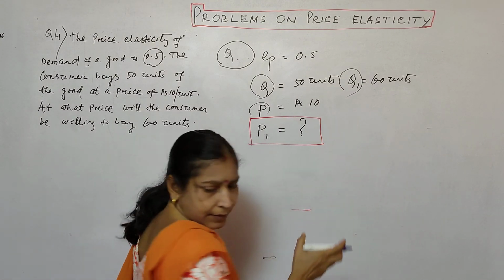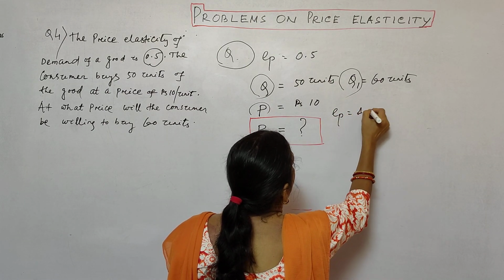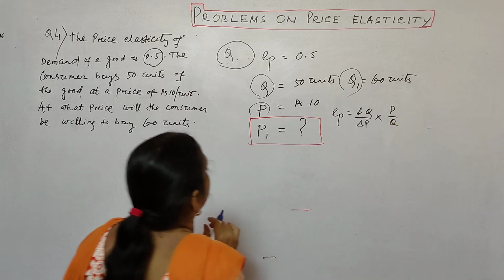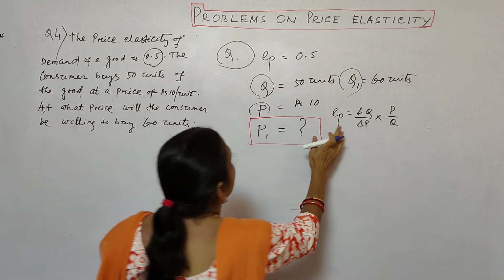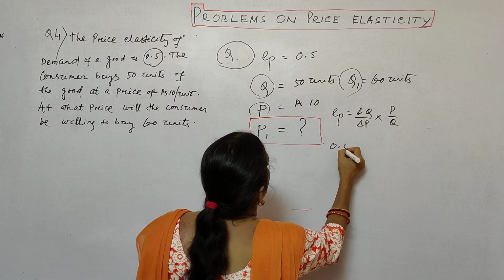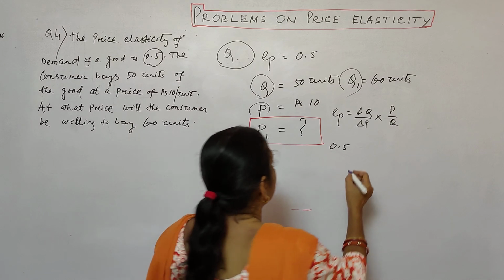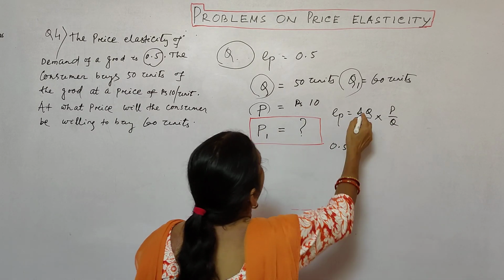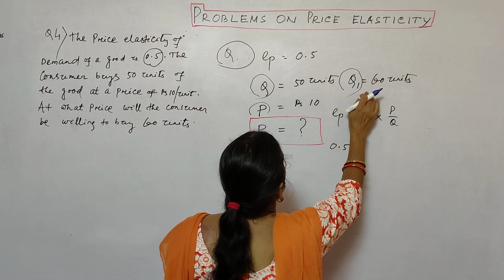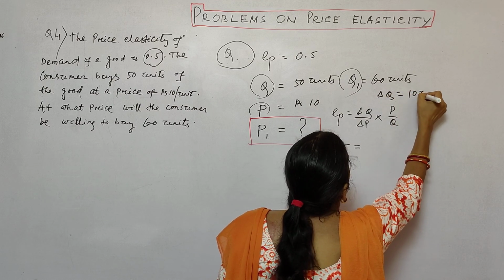So friends, we know that EP equals delta Q by delta P into P by Q. They have given us EP, the value of EP is 0.5. Delta Q is the difference in quantity, delta Q equal to 10 units.